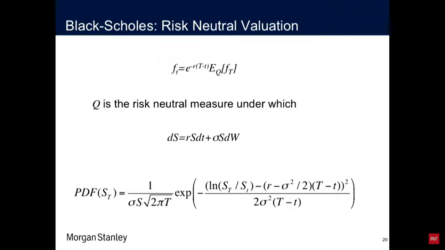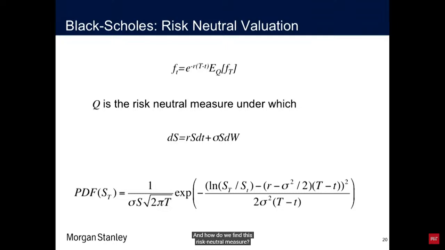And as I said, in fact, instead of solving the whole partial differential equation, we can approach it from a risk neutral position and say that the price of our derivative now is just the expected value of our payout, discounted from the maturity, but not in the real world measure, in some specific risk neutral measure.